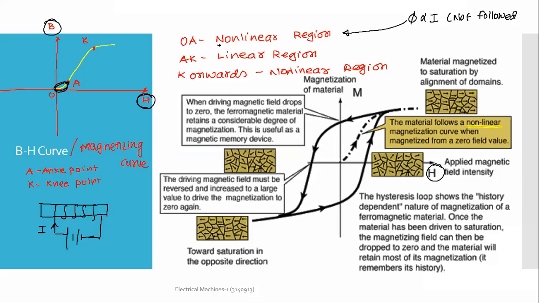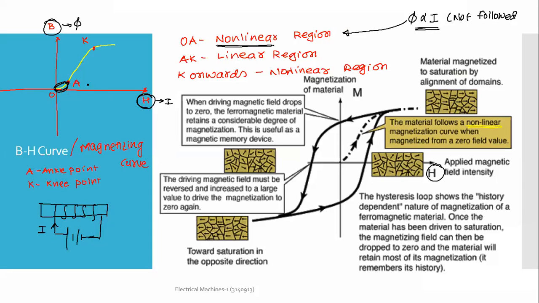That is why it is called non-linear, because if we increase the current, the flux set up in the core will not increase in a proportionate manner.